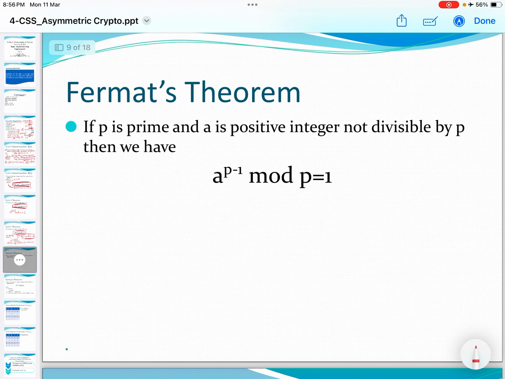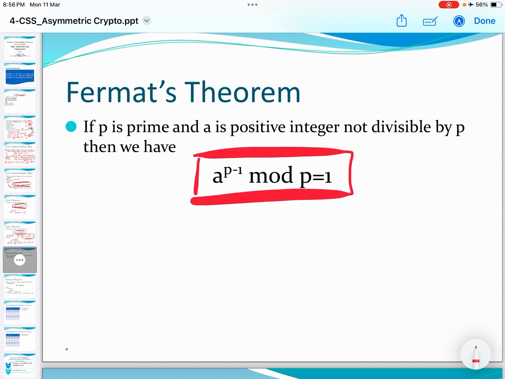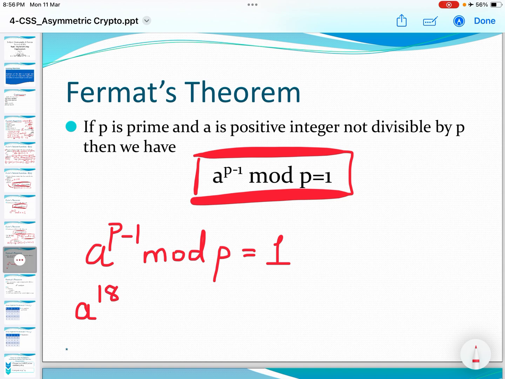Next is Fermat's theorem. If P is prime and A is a positive integer not divisible by P, then we have this formula: A raised to P minus 1 mod P equal to 1. So simply A raised to 18 mod 19 is 1.